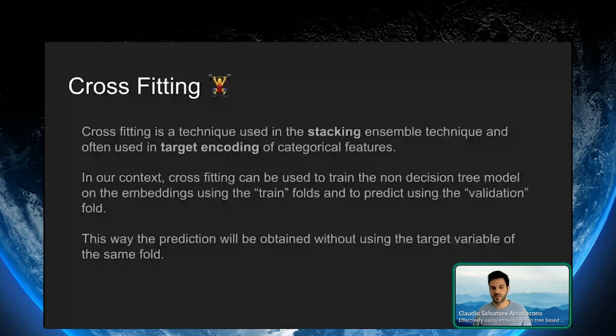Cross-fitting is used very often in stacking ensembles, and it's also seen in target encoding of categorical features. In general, whenever you want to use your target variable to generate features, it's a good idea to use cross-fitting. I'm going to have some graphics in the next slides to explain how it works.